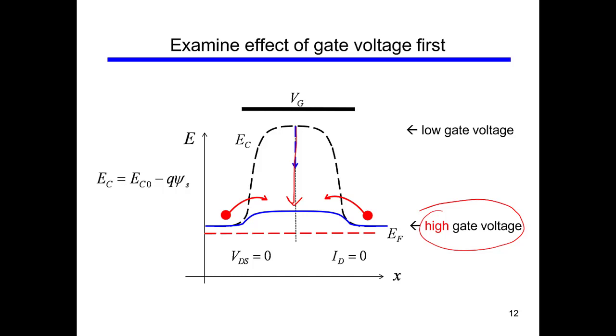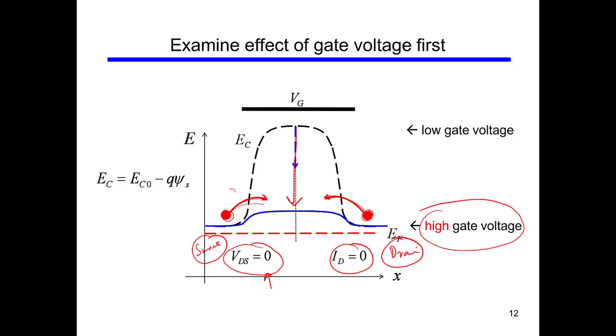Now when the barrier has dropped, it makes it easy for electrons to flow from one side to the other side. But again, on this side we have the drain and on this side we have the source. As there is no potential difference between the source and drain, VDS is 0, so ID is 0.